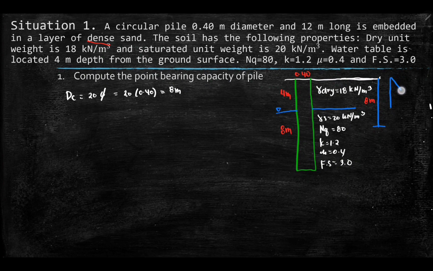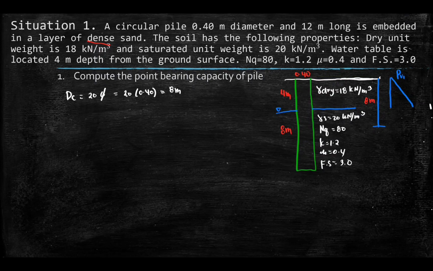It is varying. From this soil layer, which is dry, we get the vertical stress, and we do the same thing again: it is just the unit weight times the height.